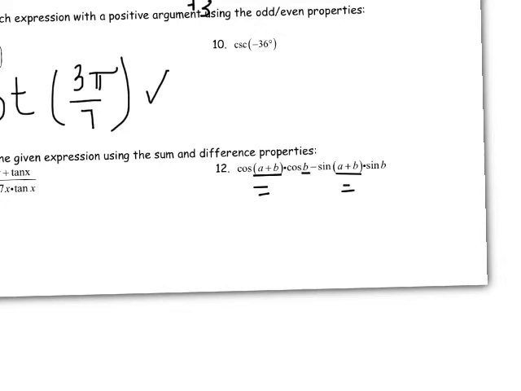This I can say is capital B. So I have cosine capital A cosine B minus sine capital A sine B. Where do you see cosine A cosine B minus sine A sine B?